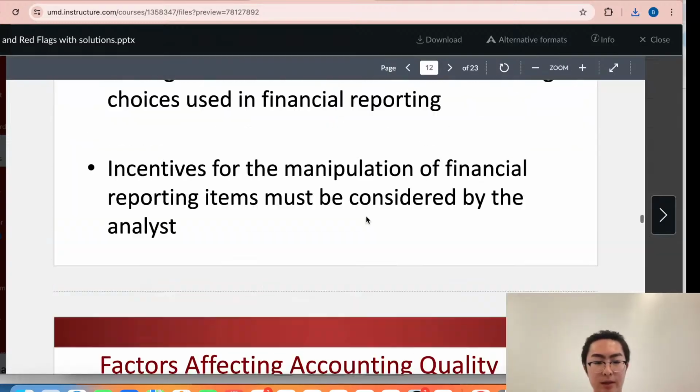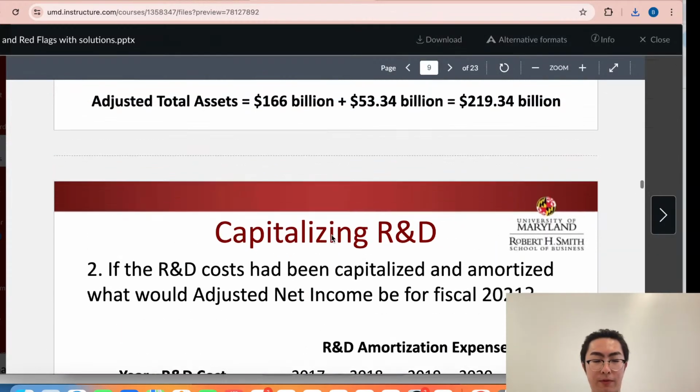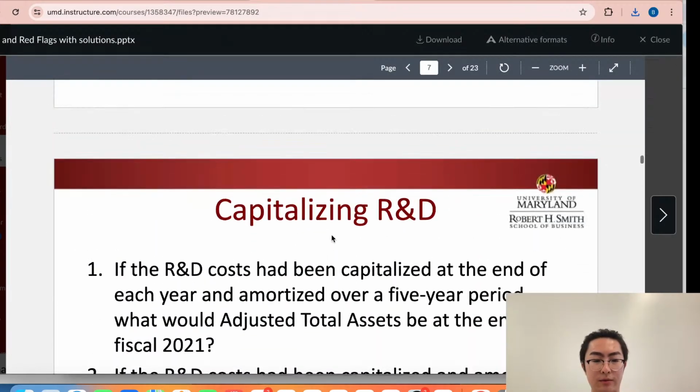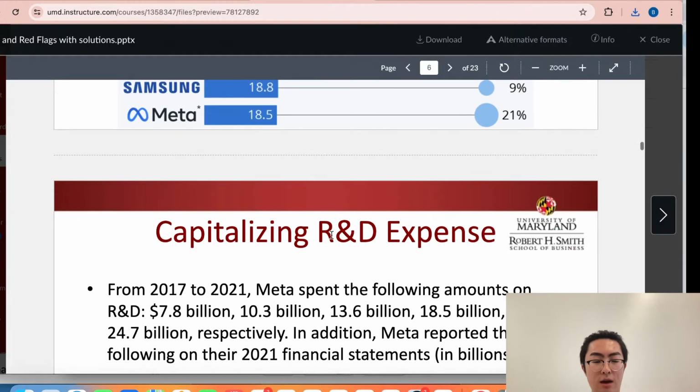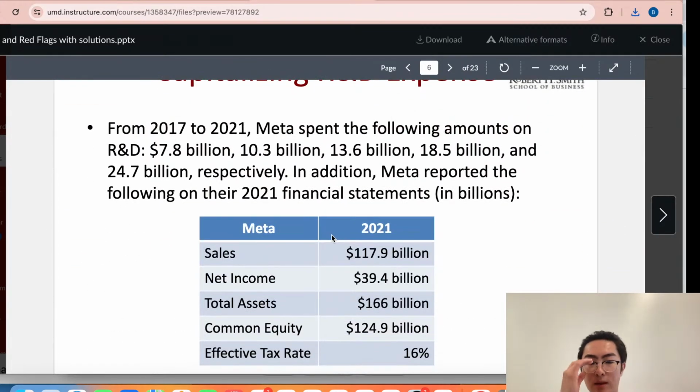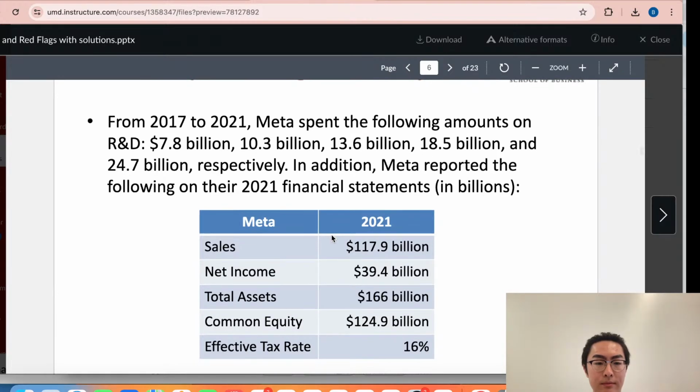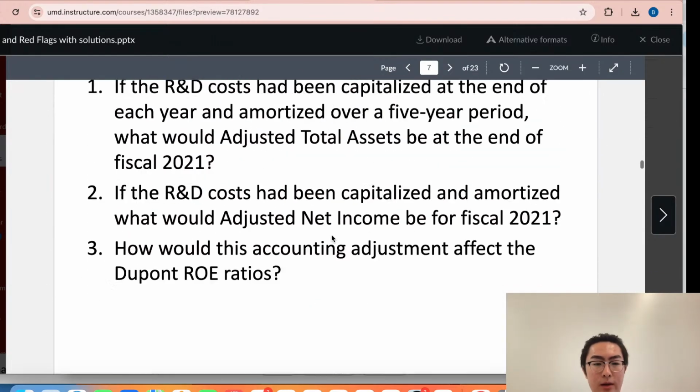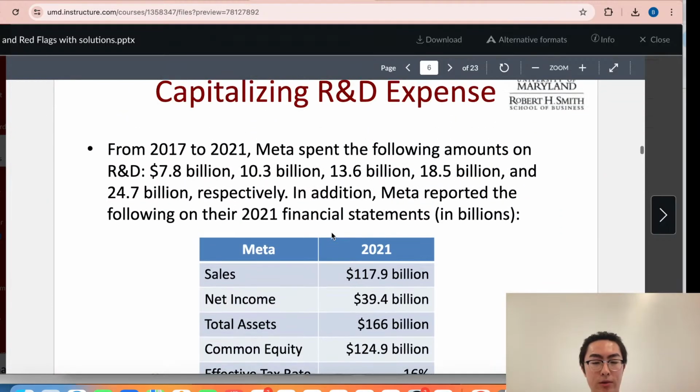Okay, so I think this is probably the big thing we should focus on. This example of trying to capitalize R&D for Meta. It seems like what is going on here is you have these different R&D expenses showing up on the income statement from 2017 to 2021.